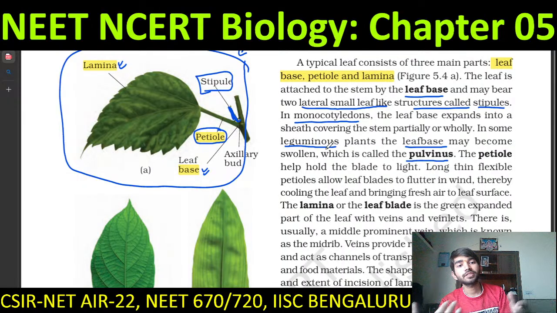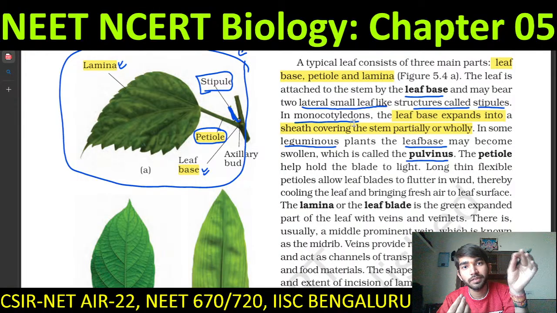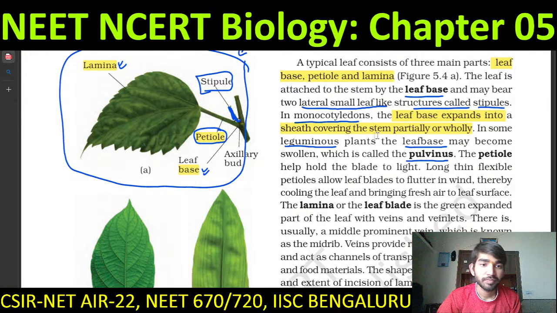You should just remember that in monocots there can be this covering present. If you remember some monocot leaves, especially grasses, you will see a slight covering around the leaf base. Then in leguminous plants, the leaf base is called pulvinus and it is swollen.